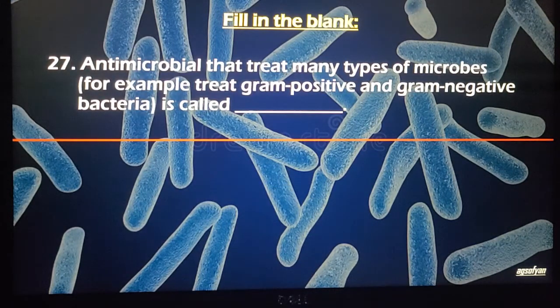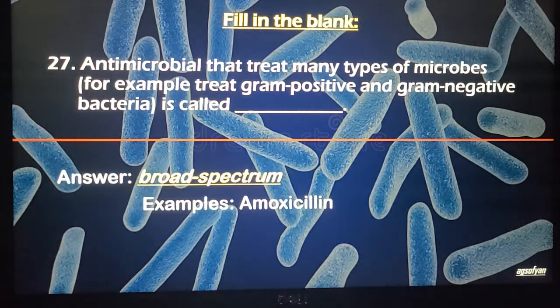Number 27, fill in the blank. Antimicrobial that treat many type of microbes, for example, treat gram-positive and also gram-negative bacteria, is called. Write your answer.